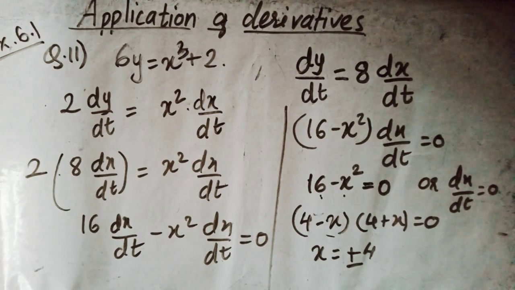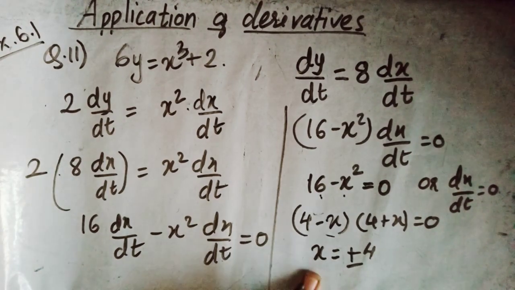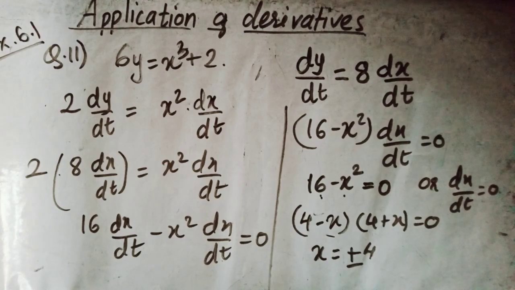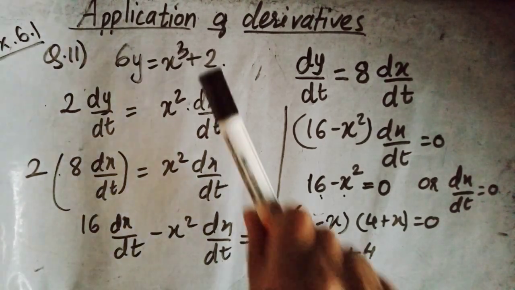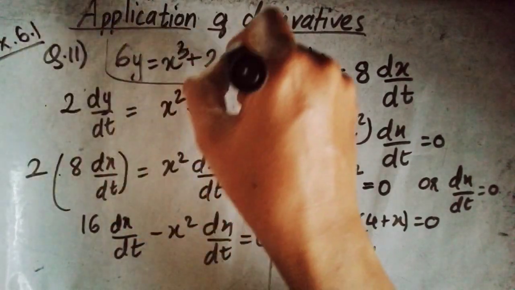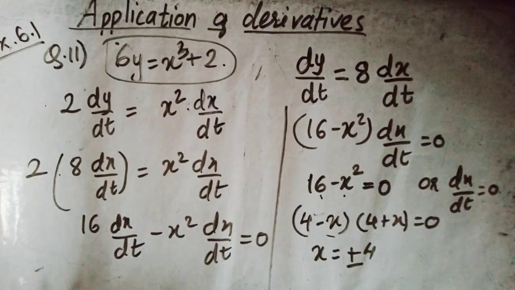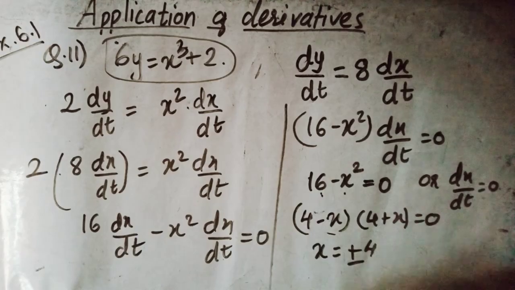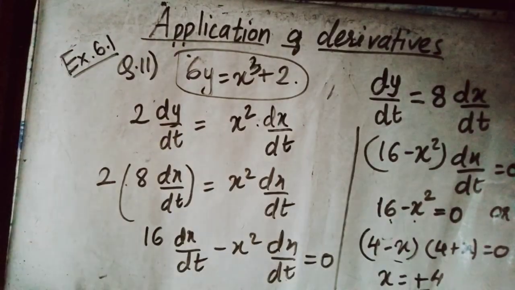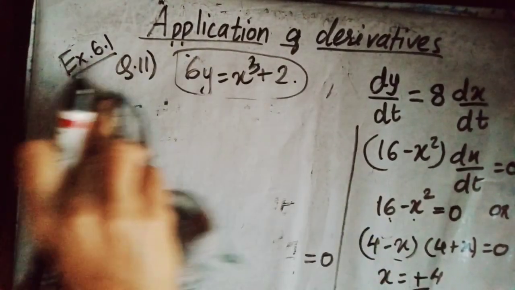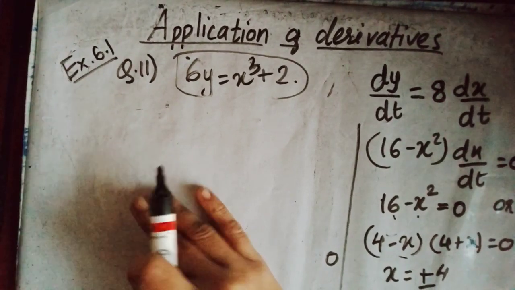So you have two cases, x equal to plus 4 and x equal to minus 4. When you substitute in the given equation, you will get two values of y. So let's substitute x equal to plus 4.